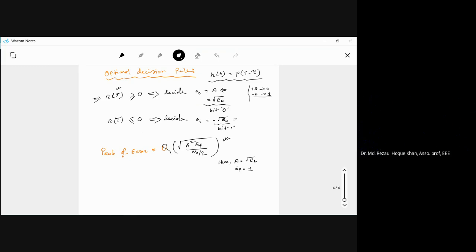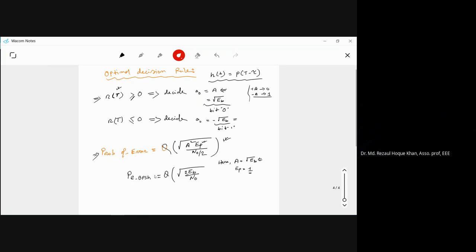So for the probability of error in our case, BPSK, the Q function of s squared, which will be Eb, energy per bit, with Ep as 1, over N0 by 2.